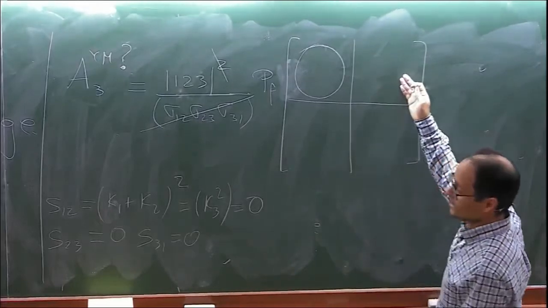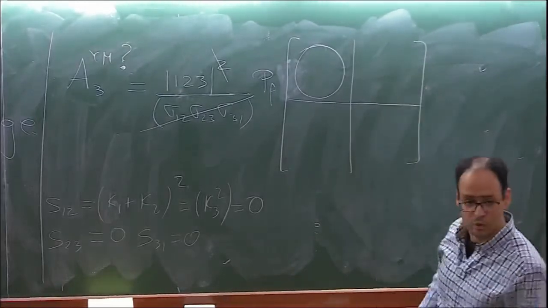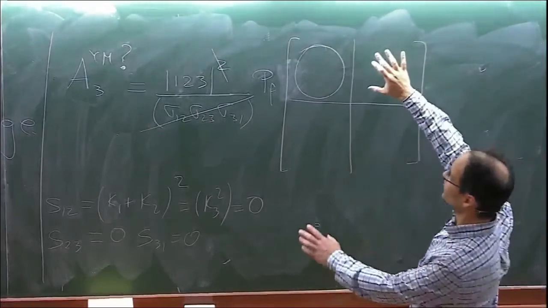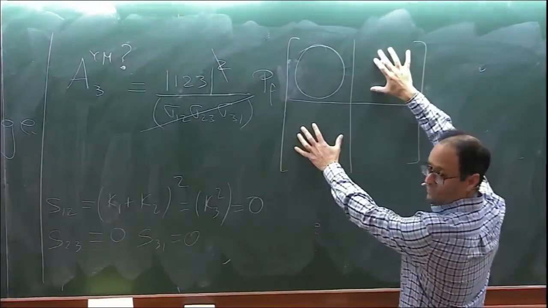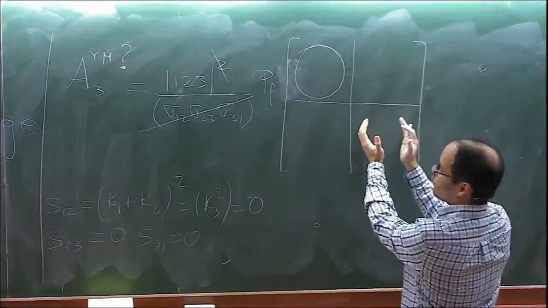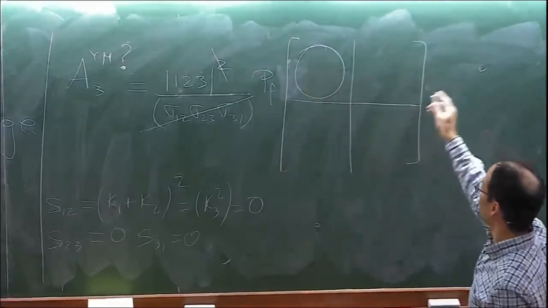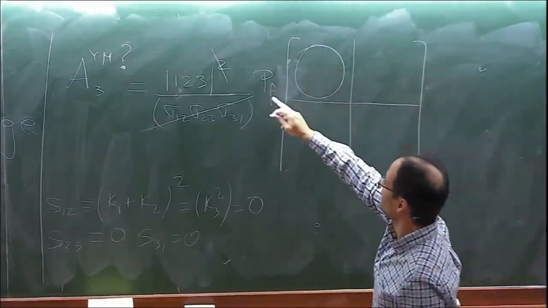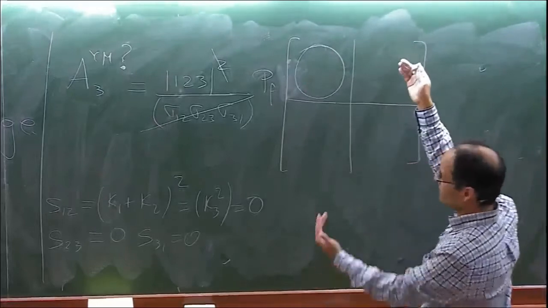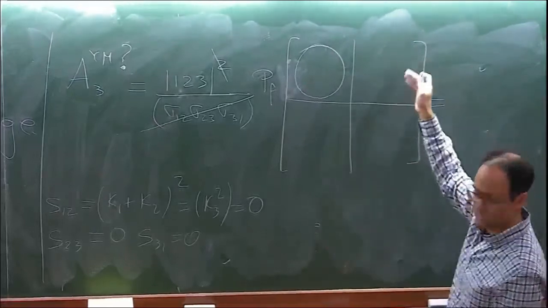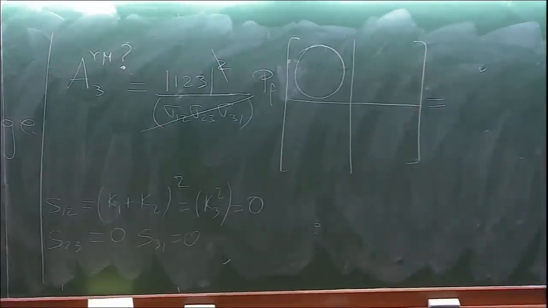Now that means that when we compute the Pfaffian, the only thing that will matter is this part. This part will not contribute to the Pfaffian. In fact, we end up with the determinant of that single term. So let's actually check what it is.